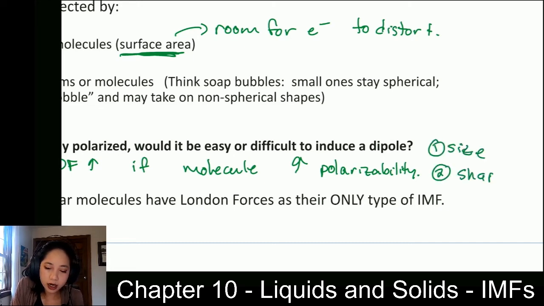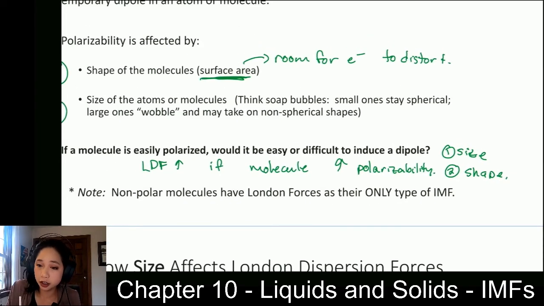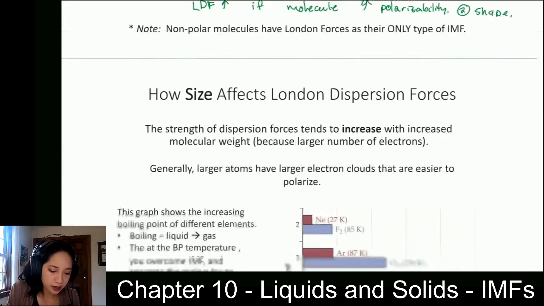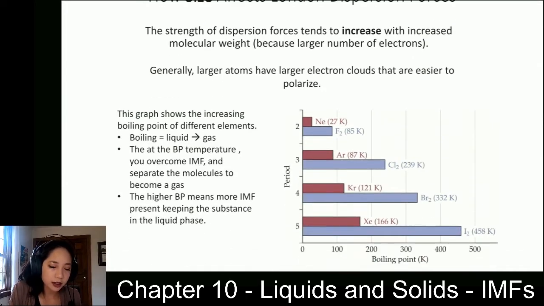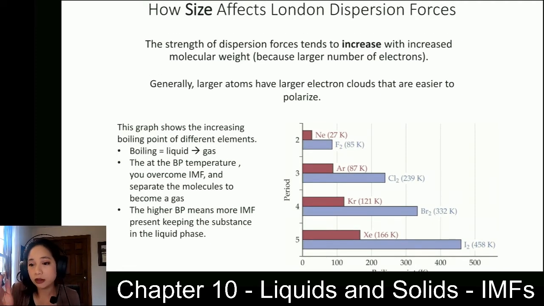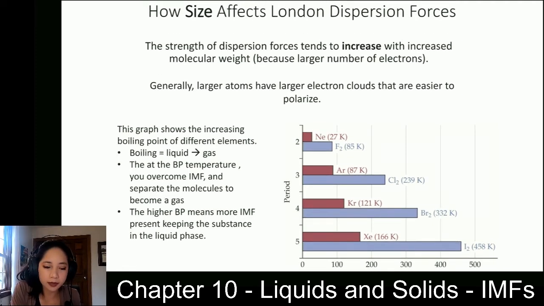Let's see how size and shape affect polarizability, and thus London dispersion forces. So how does size affect it? Typically the strength of London dispersion increases with increased molecular weight, unless there are other forces that come into play, like for polar molecules.